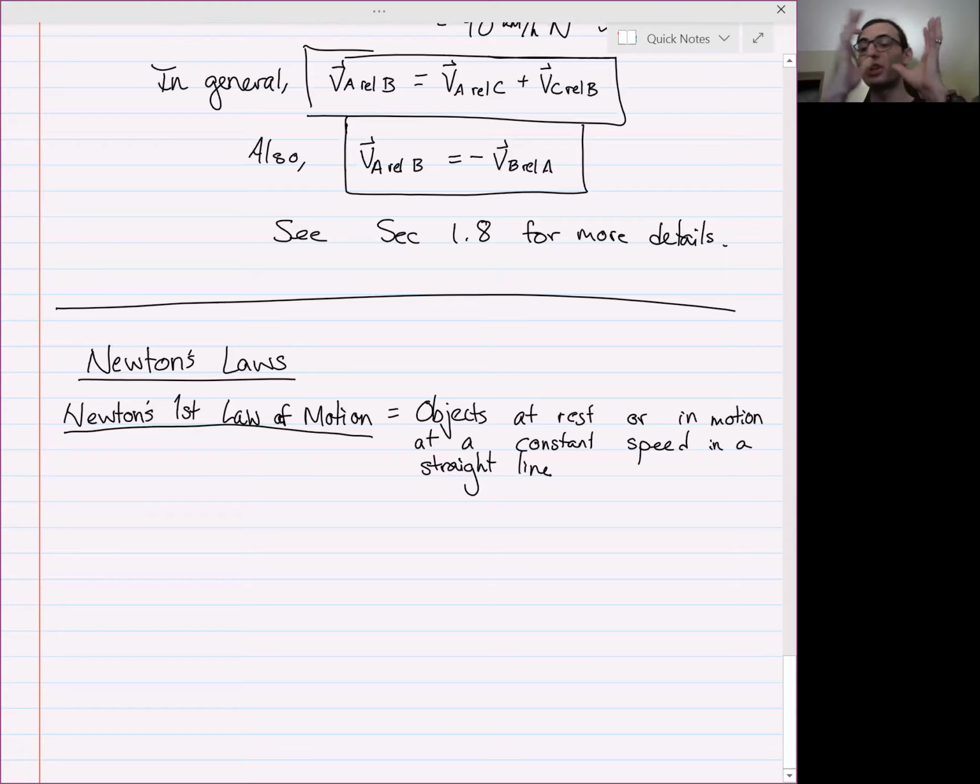So it's either objects at rest or objects in motion at a constant speed in a straight line will remain in that state, either at rest or in constant motion in a straight line at a constant speed, unless acted upon by an external influence.